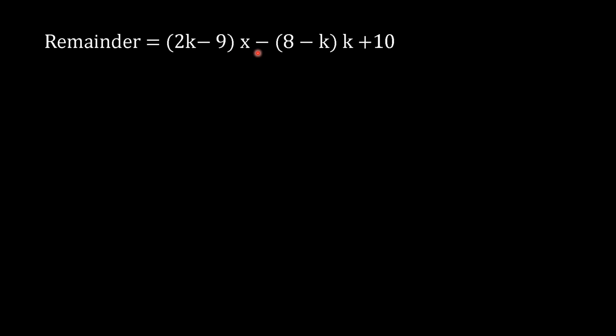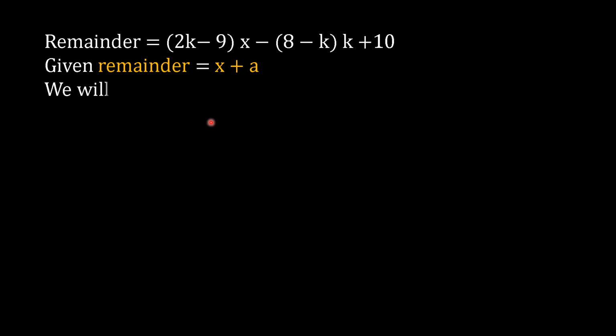By the long division process, we have found the remainder as (2k minus 9) times x minus (8 minus k) times k plus 10. But the remainder given in the problem is x plus a.